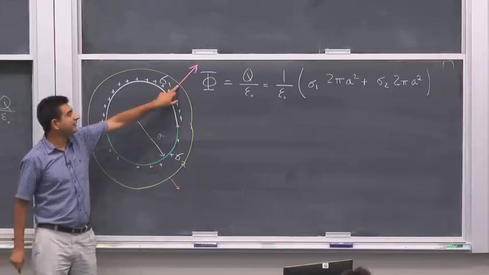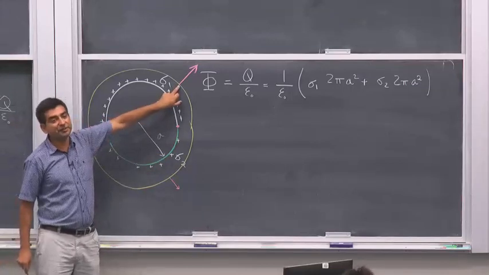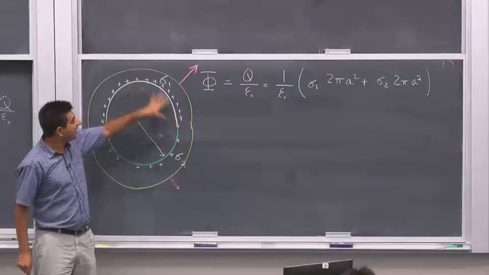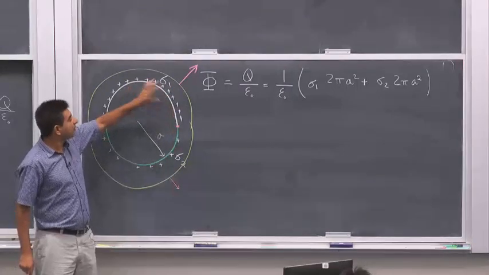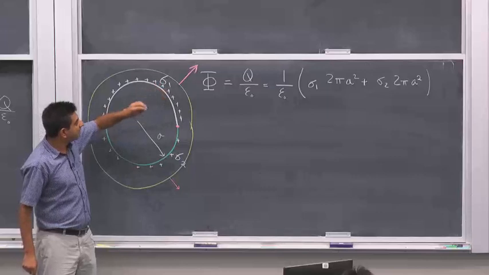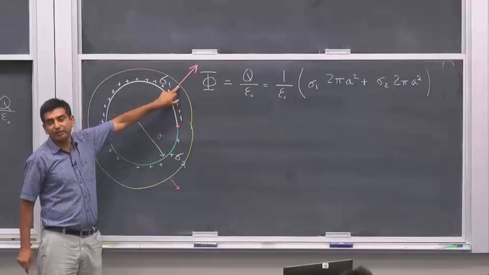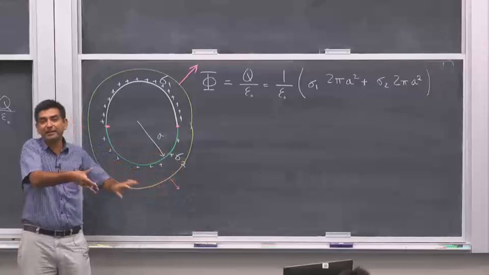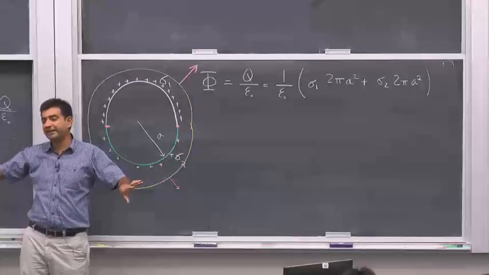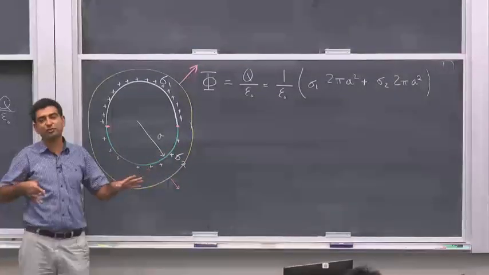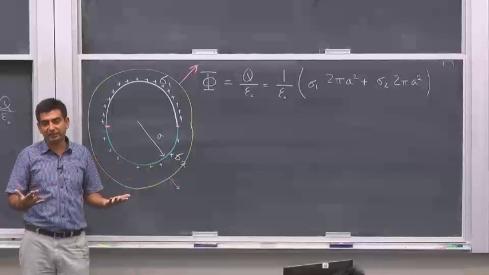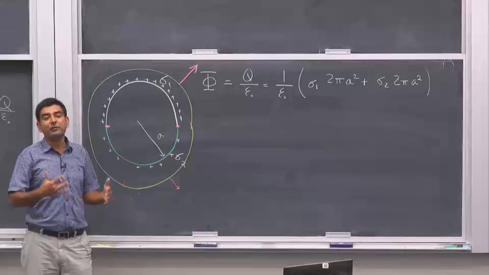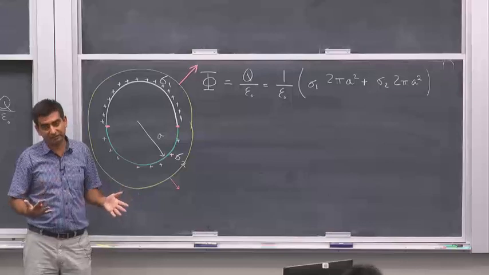So the electric field that a test charge would see here is much higher than the electric field seen by a test charge here, because there is a higher propensity of positive charges which are densely packed in the vicinity of this point. So the electric field here is not going to be the same as the electric field here. So I cannot bring the electric field out of the integral on the left hand side of Gauss's law, and make an easy electric field calculation. Alright? So applying Gauss's law will not be straightforward in this case.